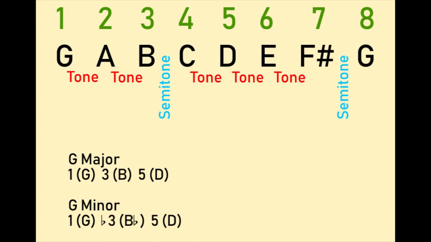Bringing back up our little chart, you can see that 1 is a G, 3 is a B, and 5 is a D in the key of G major. Now, if we combine those three notes in any order, we could have 1 G, 5 Bs, and 17,000 Ds.